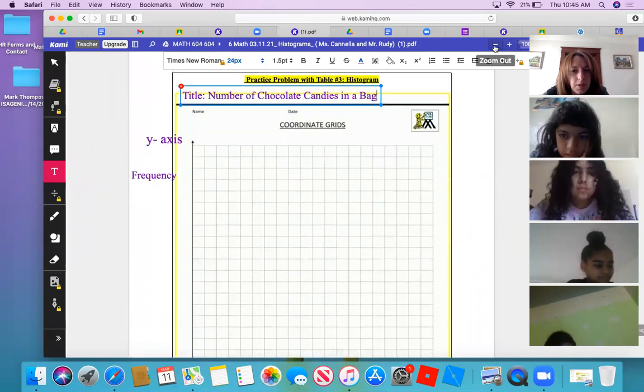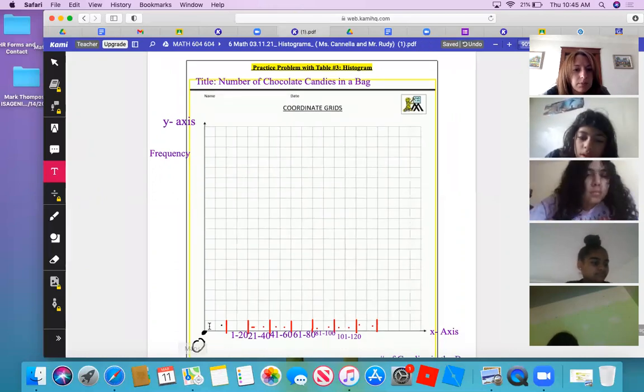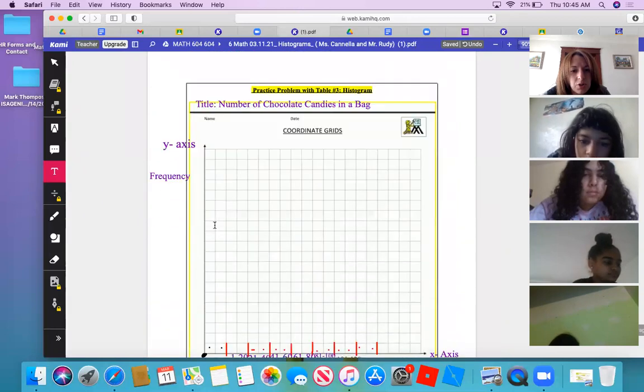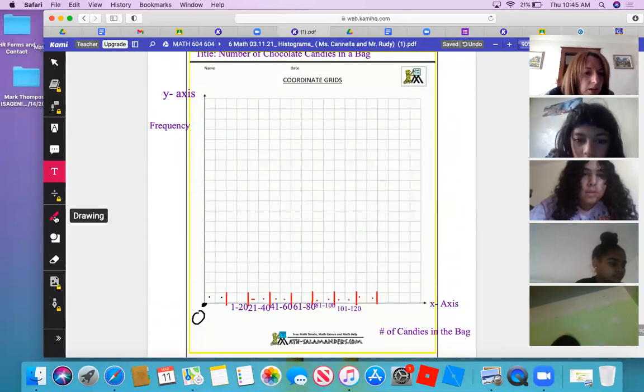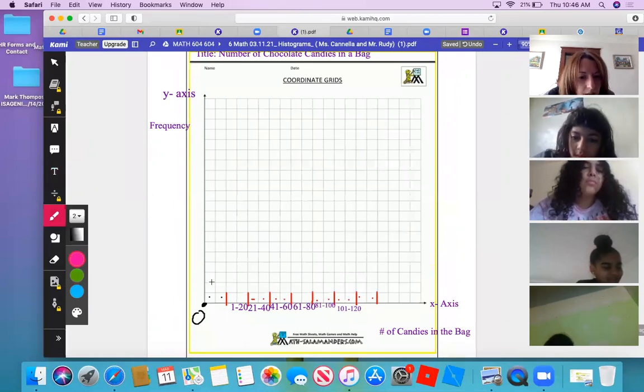I'm just going to make this a little smaller so you can see what I'm going to do at the bottom. Okay, how do we count on the frequency? If 6 is the highest number, how should we count by? Can we do it by 10? But if the highest number is 6, what makes a more reasonable answer? 1. Oh, my bad. That's okay. So skip, skip, skip, skip.